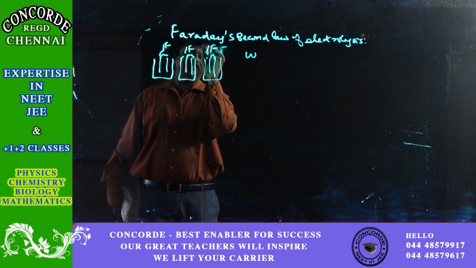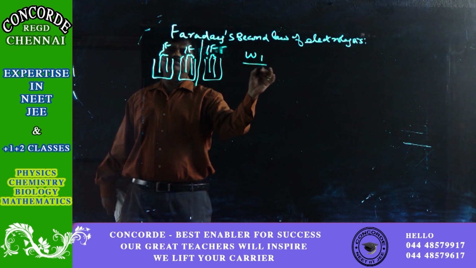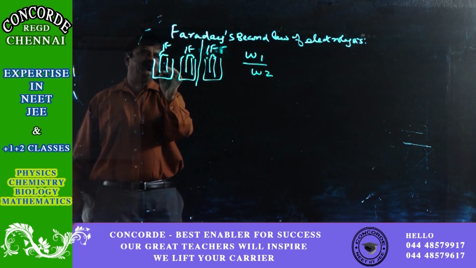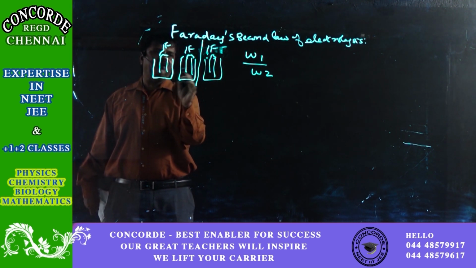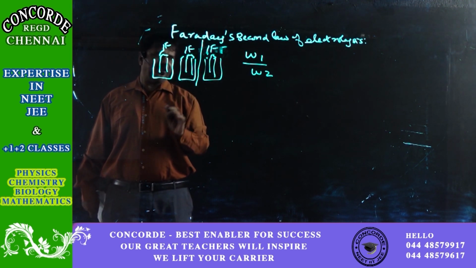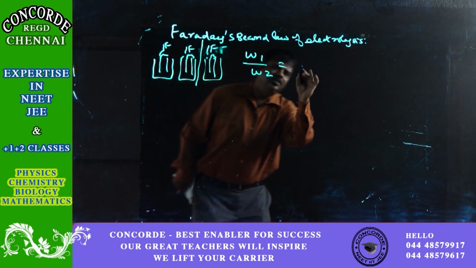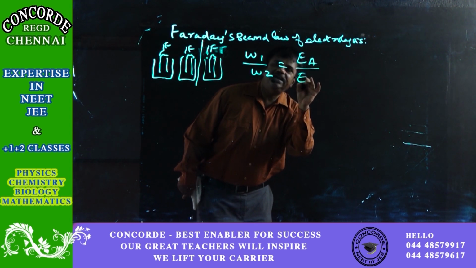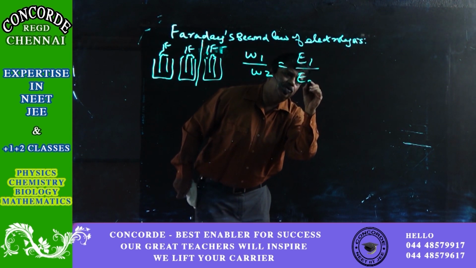For our convenience, let us restrict to the first two, that is W1 by W2, the weight of the substance deposited in the first electrolytic cell and the weight of the substance deposited in the second electrolytic cell. W1 by W2 is equal to E1 by E2.